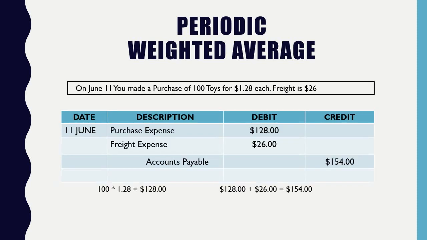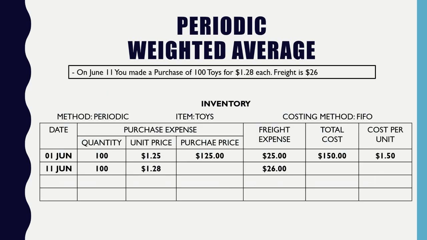Again, plug in your numbers. Now, when I put in my table, I have a new batch of inventory. Here, 100 at $1.28, we solve for the same number: 128 plus 26 gives you a 154 total cost. Now the question is, am I going to calculate my cost per item?